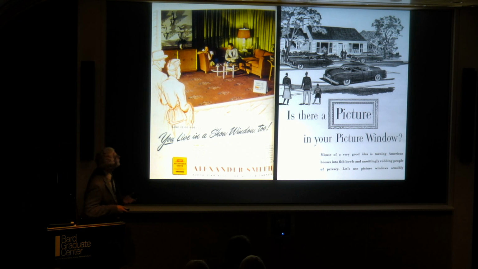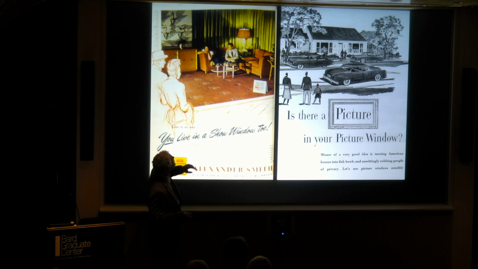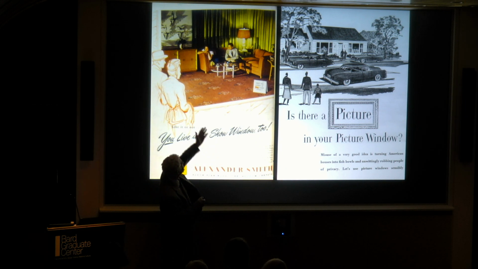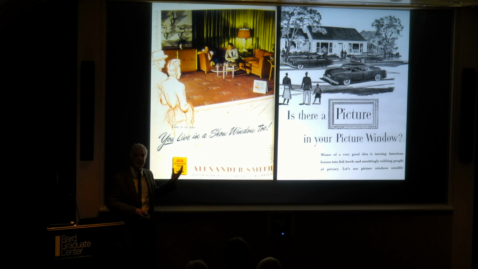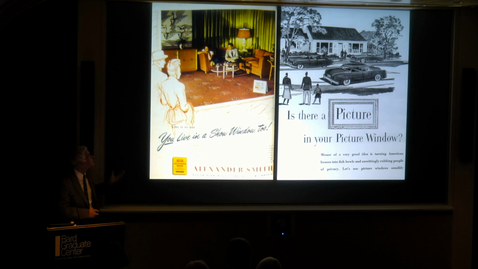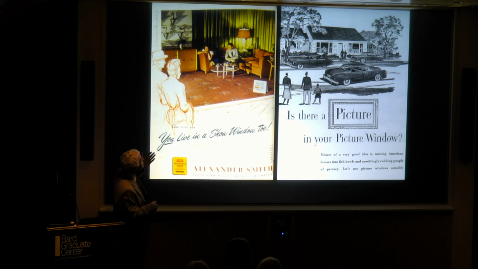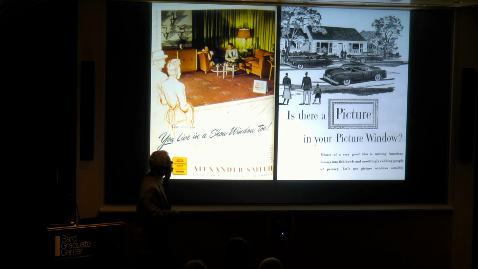So here, you live in a show window too, and they're selling carpets, but the idea is that all the neighbors are going to see your carpeting through your big windows. But just the visual representation's a little on the creepy side.